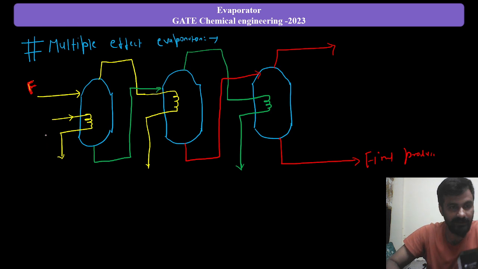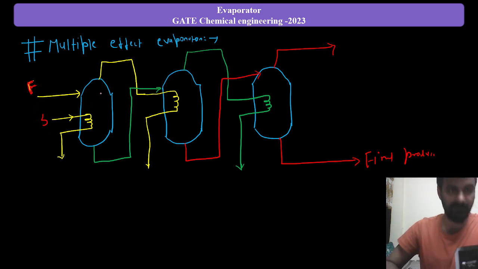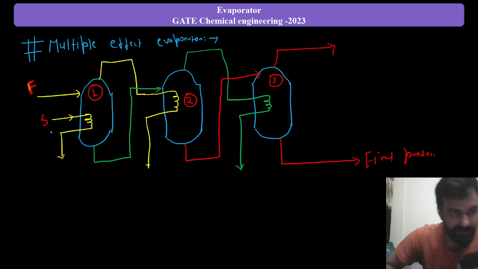One thing you can see here is that we are supplying heat in only a single effect, the first effect. If this is the first effect, this the second, and this the third, it is very important that we supply steam only to the first effect.